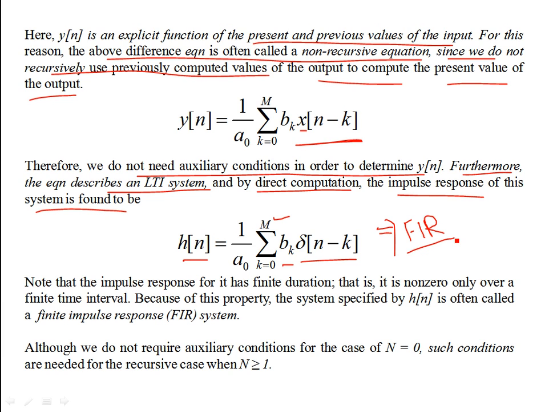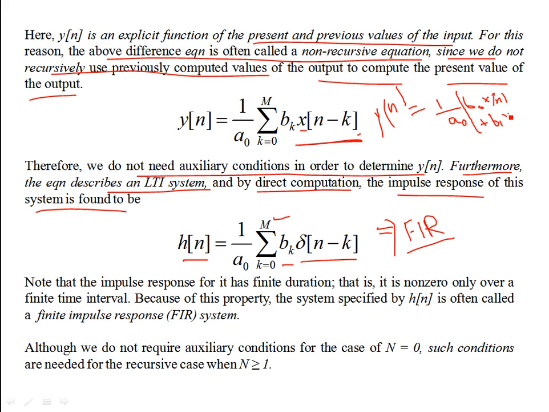For example, over here, if m is 1, then y of n is basically 1 over a naught times b naught x of n, plus another term, b1 x of n minus 1.